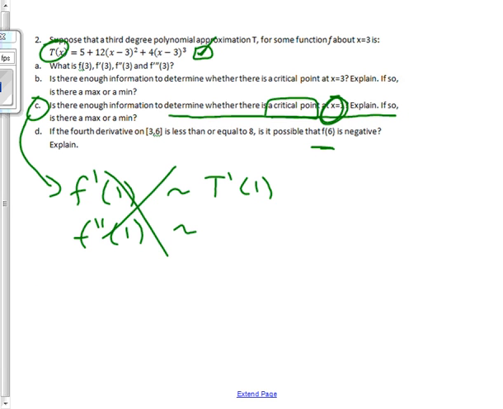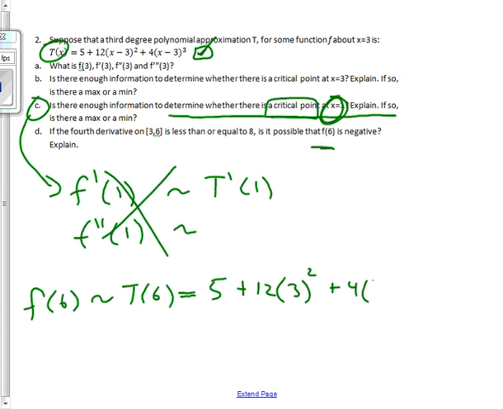So I can say f of 6 is roughly T of 6, and T of 6 is 5 plus 12 times 3 squared plus 4 times 3 cubed, and this equals 221. But that's my approximation, and it's likely that f of 6 is going to be close to this.